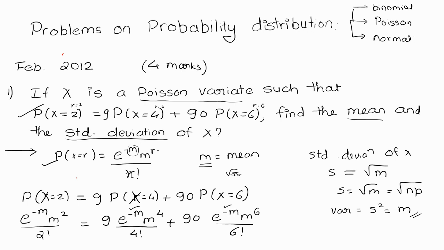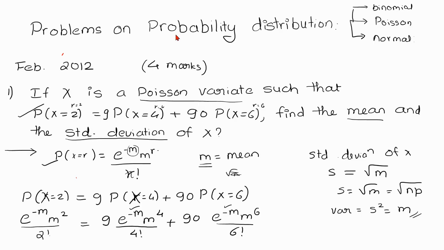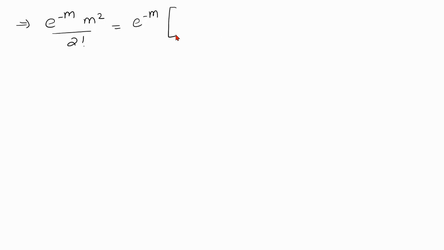Okay, so I can write this as e raised to minus m, and whatever remains inside is 9 by 4 factorial into m raised to 4 plus what remains is 90 upon 6 factorial into m raised to 6. Okay, this is what remains inside the bracket. Now I can cancel out this e raised to minus m and this e raised to minus m.